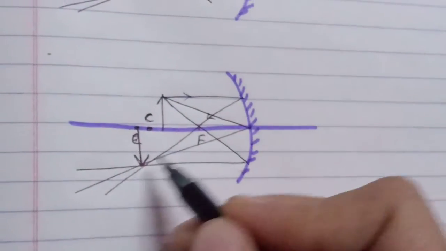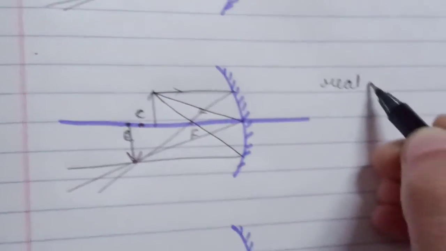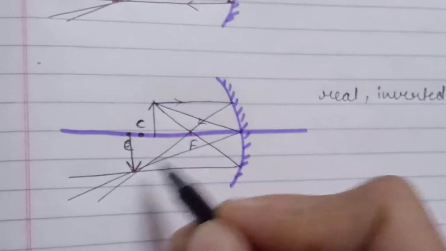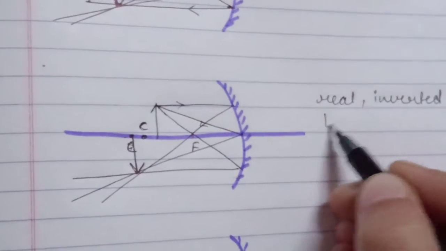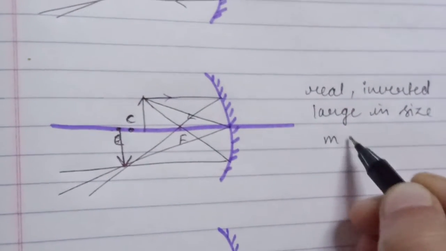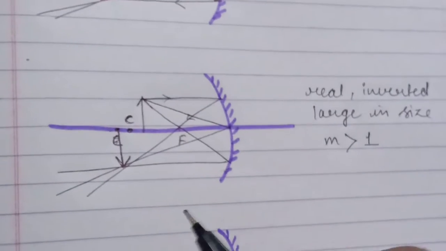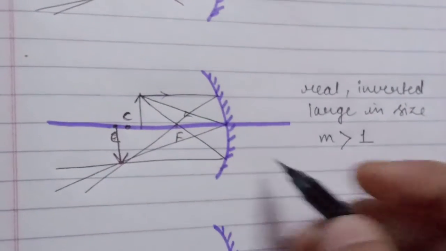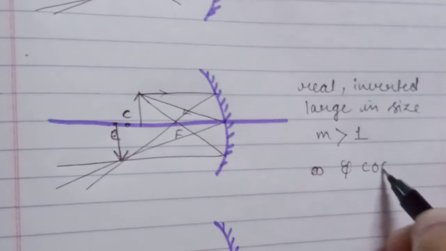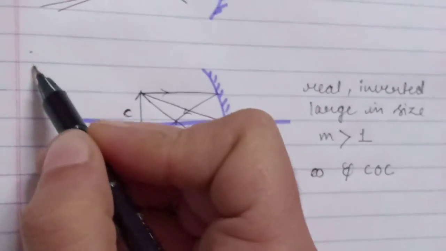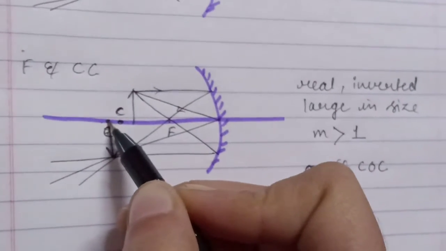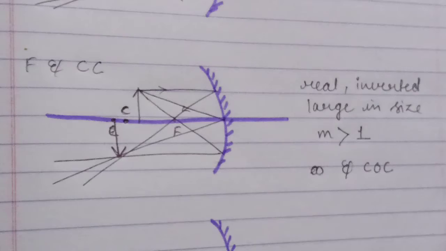Okay, the image is real, inverted, larger than the object, and the magnification is more than 1. The image is formed between infinity and the center of curvature if the object is placed between focus and center of curvature.